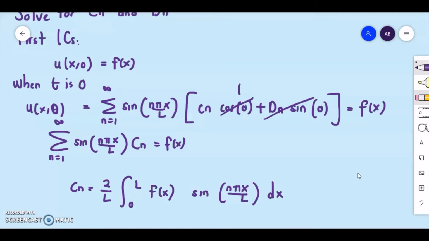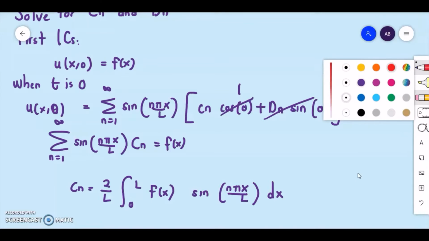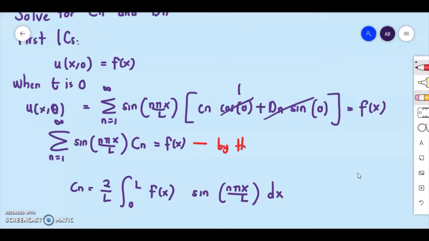I just need to write a comment here: you have to search for my videos on half range series to see why this is like that. So by the half range sine Fourier series, I get my c_n value.